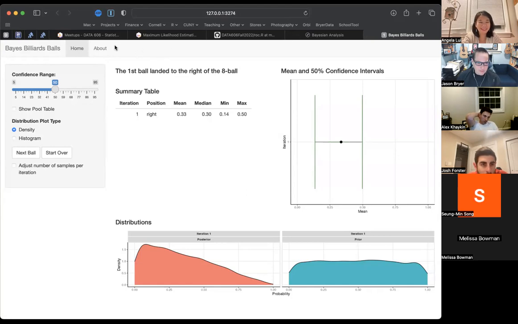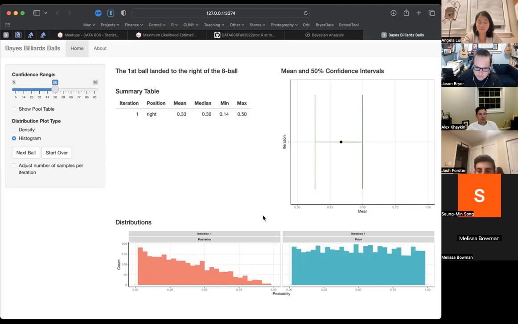And so here, I can specify a confidence range. In iteration 1, I started with the uniform distribution. You can change it to a histogram just to see that it is indeed uniform.